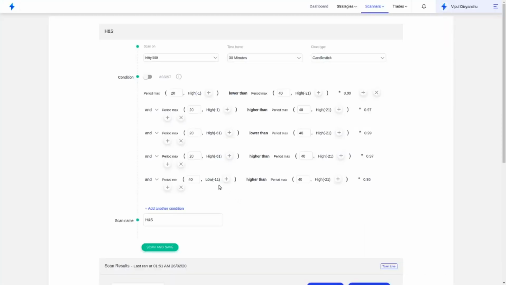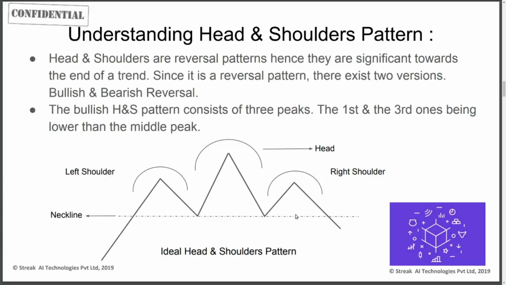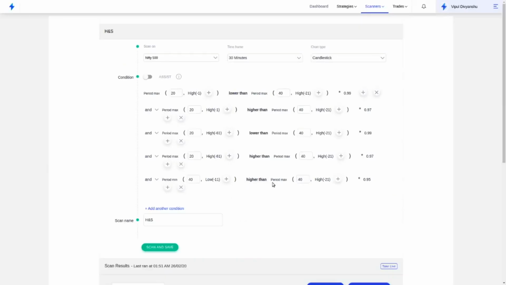I'm saying that from an offset of 10 candles, from here where my cursor is, in the middle of the head to the middle of the right shoulder, that should be higher than the highest point that was achieved by the head by at least, so I did 0.99, it should be higher by at least 5%.